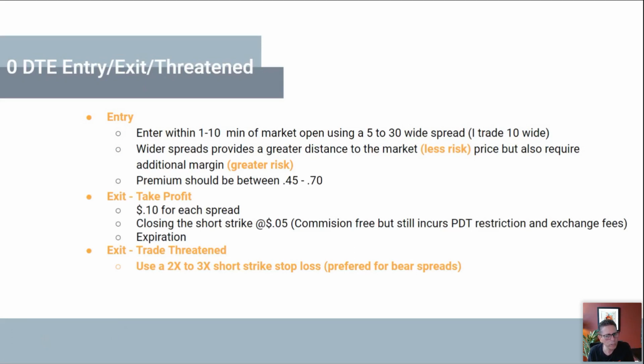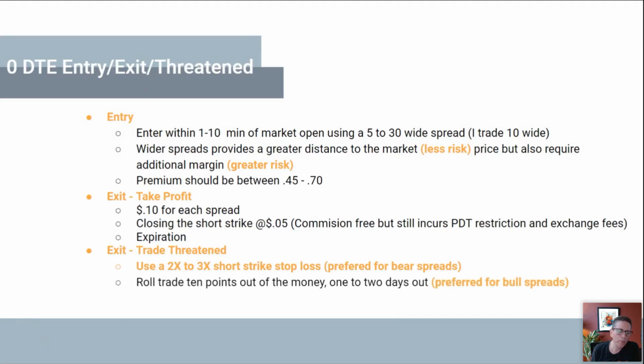So now I just close the trades at 3x and just move on. Okay. The bull spreads or the put spreads, I roll those trades, and they work out very well pretty much all the time. And that's the preferred way to manage that trade when it goes against you.